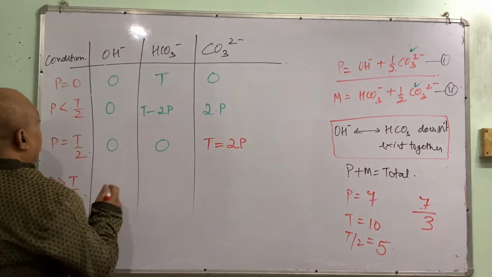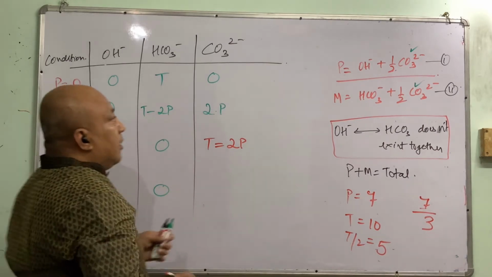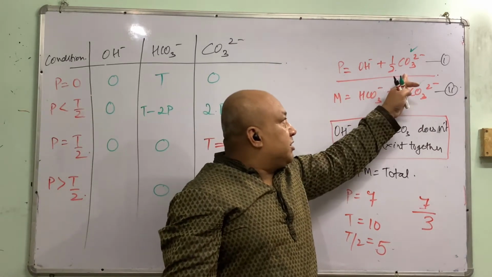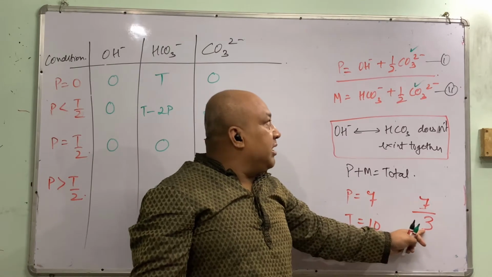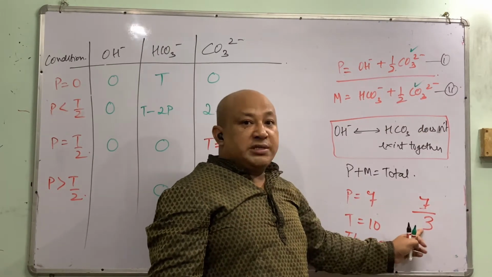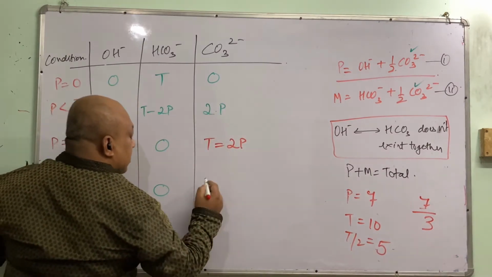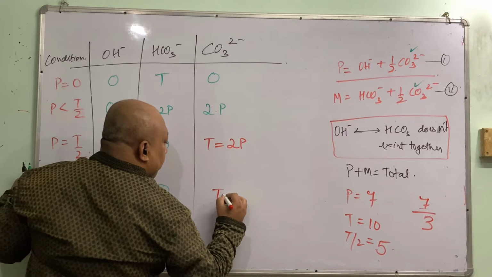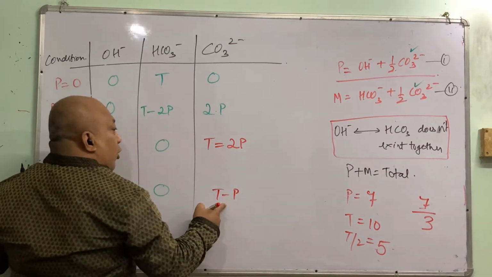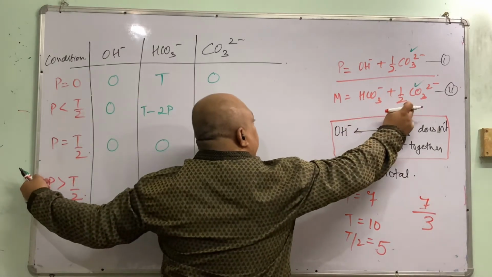So first of all, wherever it is 0, you put it. This is 0. What about CO3 2 minus? The 3 is half of CO3 2 minus. So can I say CO3 means there is T minus P, that is methyl orange. This methyl orange part is the half of the carbonate.